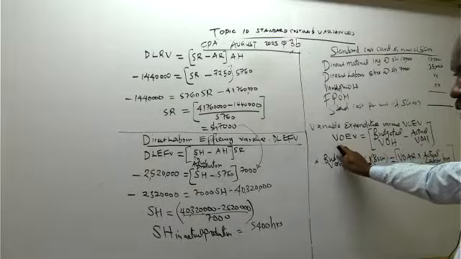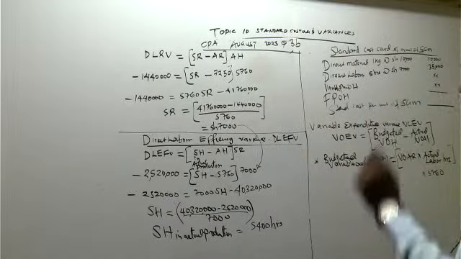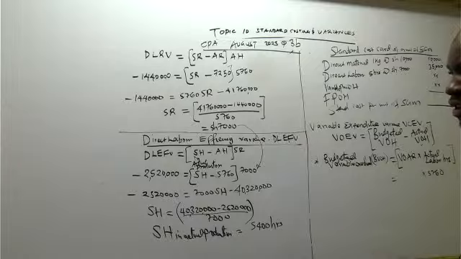Do you have this element? Variable overhead expenditure variance. Tumepewa. If yes, what is the figure?